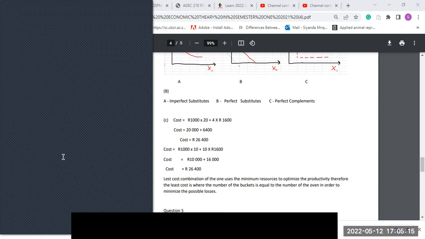But if we also have 10 industrial ovens, they will be operated by also 10 bakers. So what exactly is happening here in this business is that they want to know the least combination in making sure that they do not go through losing a lot of money, maybe in hiring more laborers that will exceed the number of available industrial ovens, right?